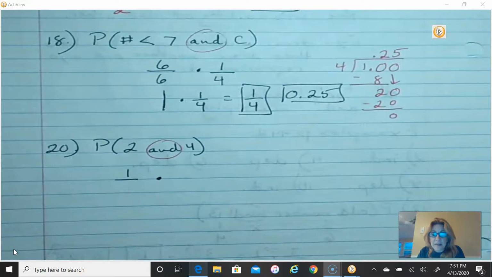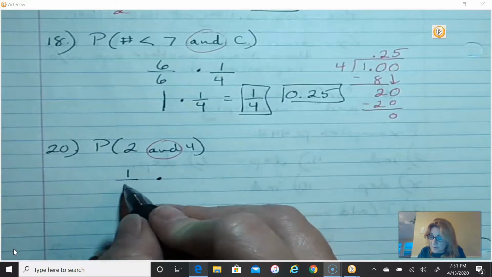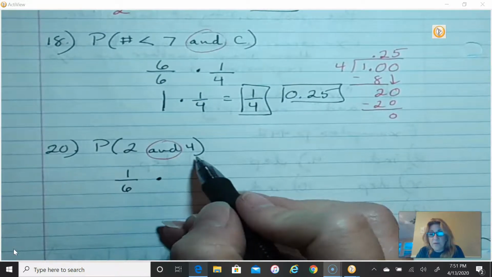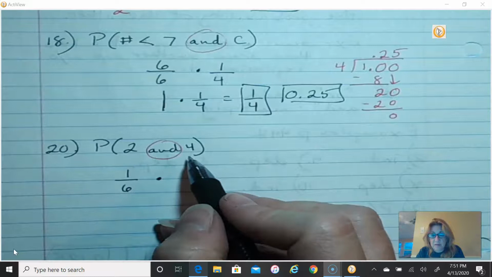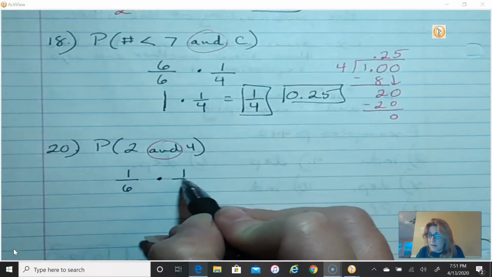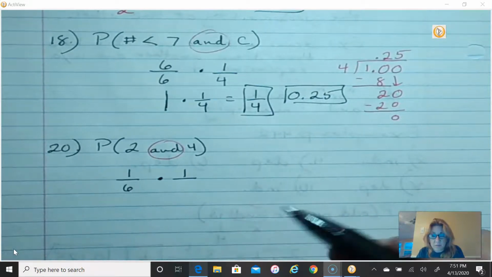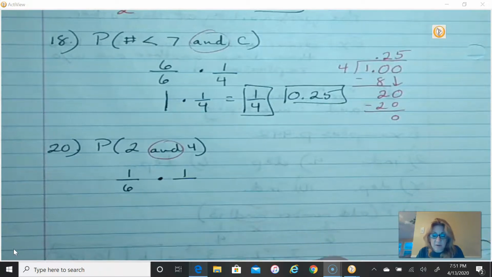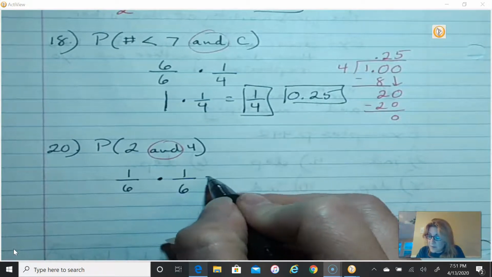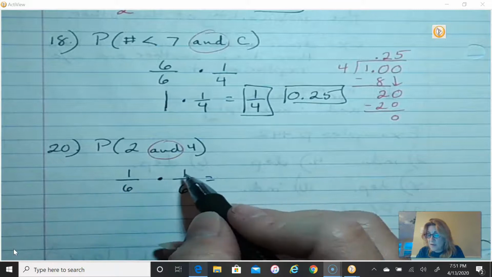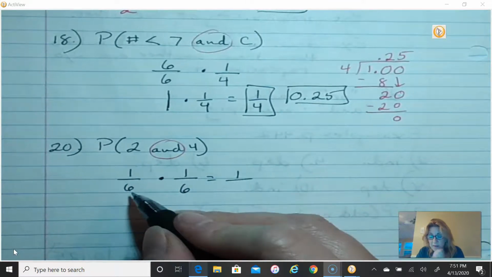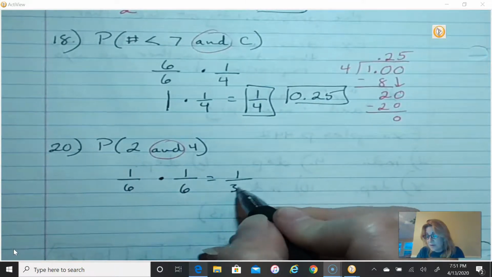Out of how many total? How many numbers are there on that spinner? 6. All right, how many 4's are on that spinner? 1. What's the grand total of spaces on that spinner? 6. Multiply across. 1 times 1 is 1. 6 times 6 is 36.